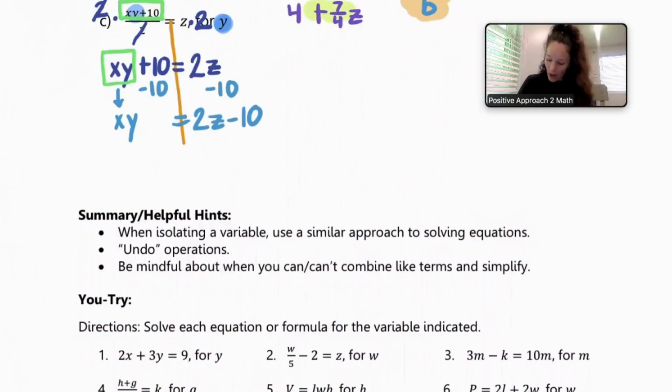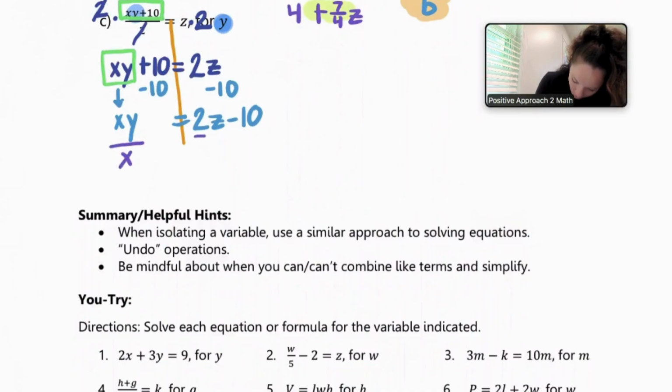And then I'm getting y by itself, so I'm going to divide both sides by x. Okay? So that's going to leave me with y equals 2z minus 10 all over x.